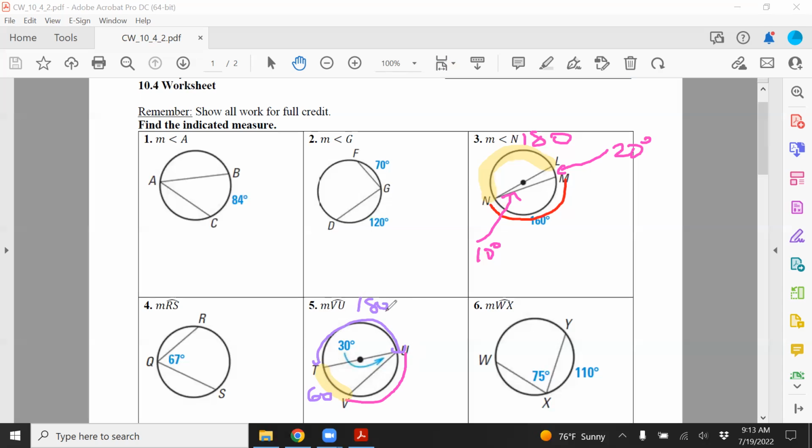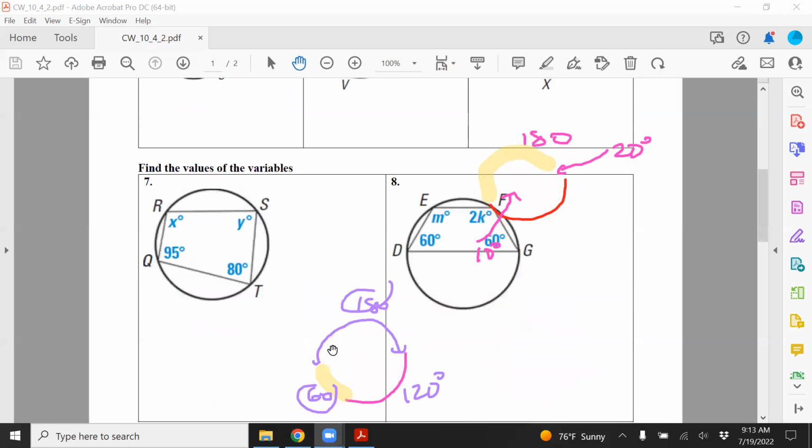So how much do you have left over for VU then? If you have 60 already taken care of, 180 already taken care of, and you add it all up, that's 240, right? So 120 is left over. So it's just a lot of arithmetic if you think about it. Just add up stuff. Not that hard. And remember, full circle's 360.